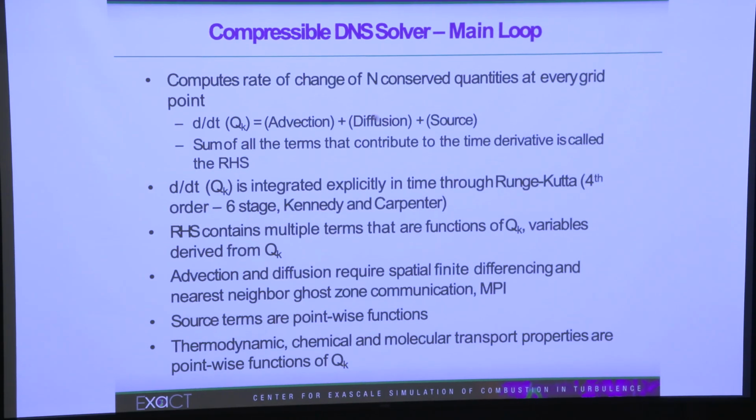Therefore, these terms require communication with the nearest neighbor ghost zones using MPI, or CUDA now on GPUs. The source terms and other thermodynamic quantities, the reaction source term or properties, are point-wise physics, so they don't have any spatial dependencies. As the last bullet says, the thermodynamic, chemical, and molecular transport properties are all point-wise functions of the solution vector.